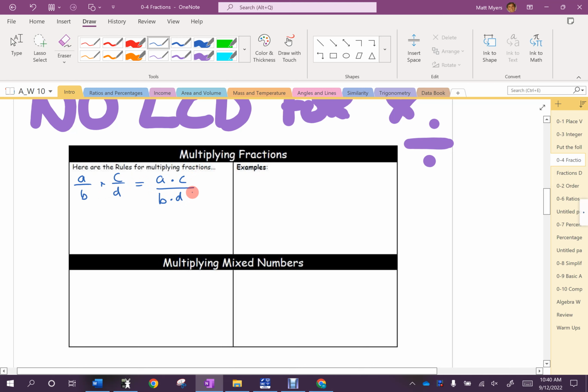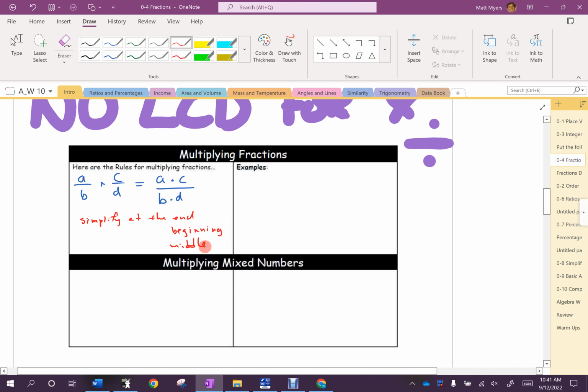And then, what must you remember to do if you want the full marks? Simplify. Now, simplifying here is probably what's causing problems. You can simplify at the end. You can simplify at the beginning. And you can simplify in the middle.